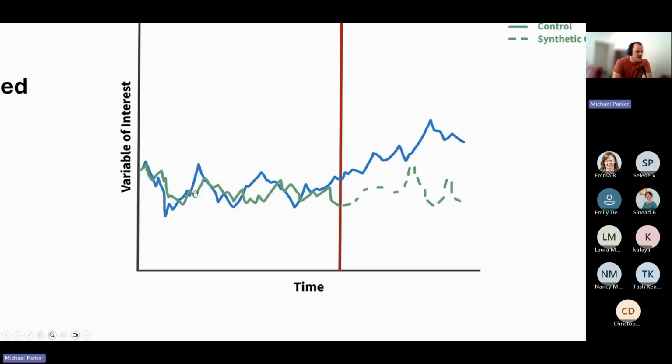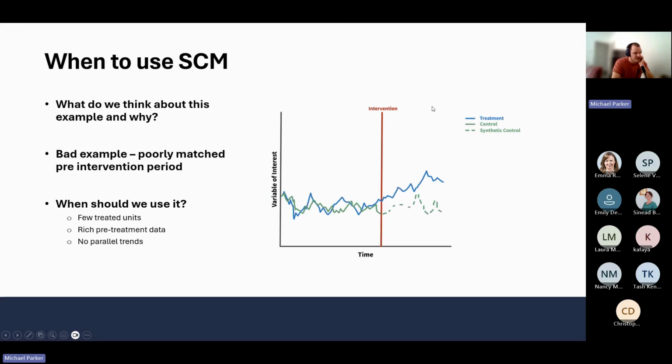There is some degree of following the trends, but they're not very well matched. And critically, at the intervention time, the two lines are not even at the same points, and even though they then go on to bifurcate, it's difficult to say for sure that there was a causal effect of this policy implementation or this intervention.